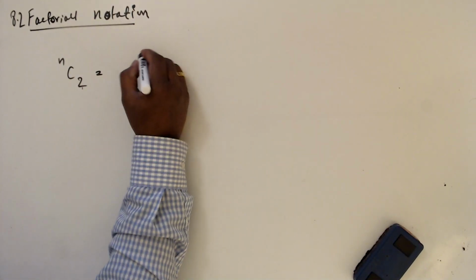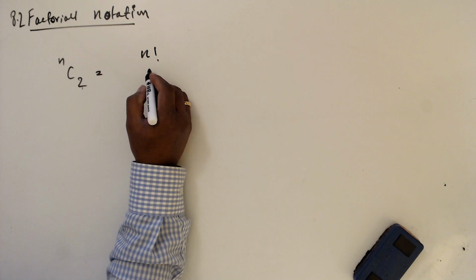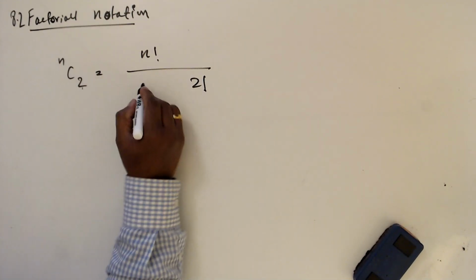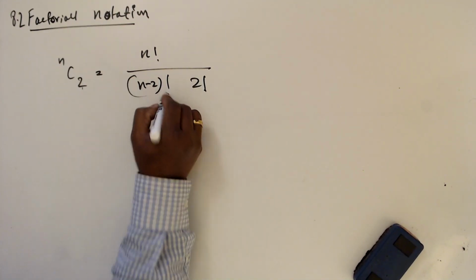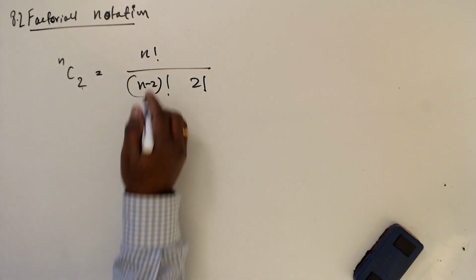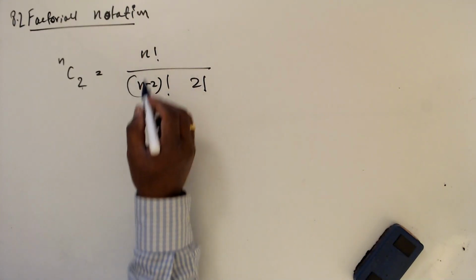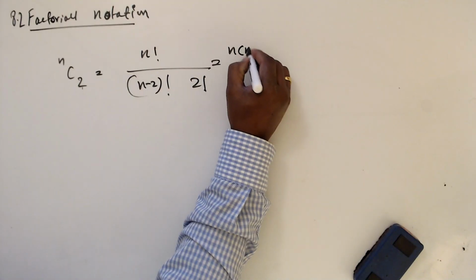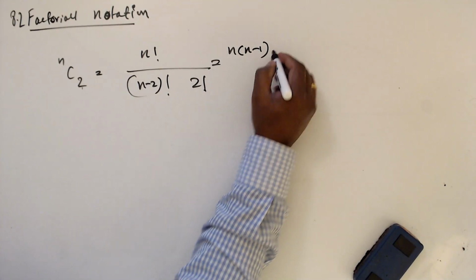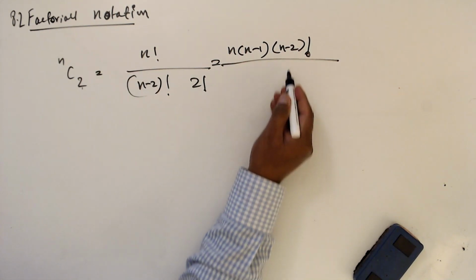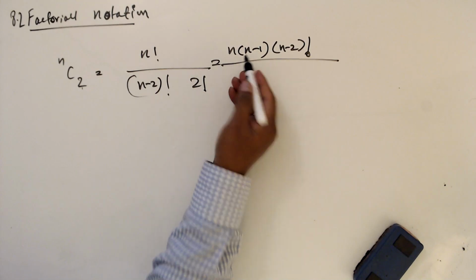nC2 means factorial n over factorial 2 and factorial n minus 2. Now I am going to write factorial n in terms of n minus 1 and n minus 2 factorial.